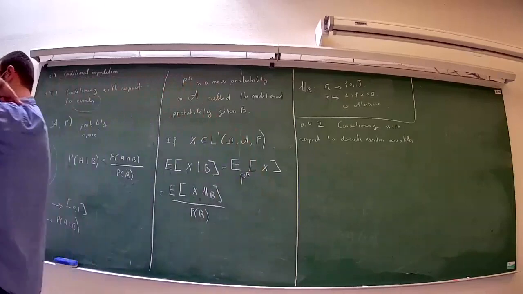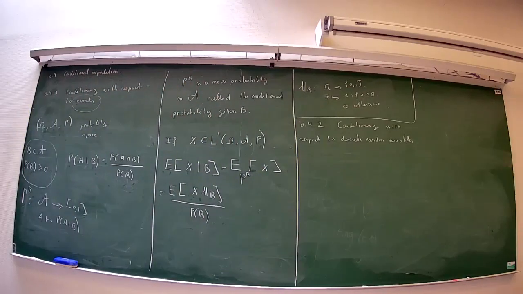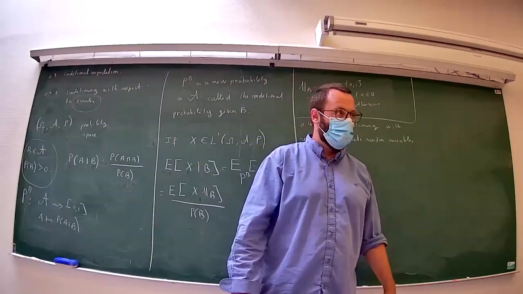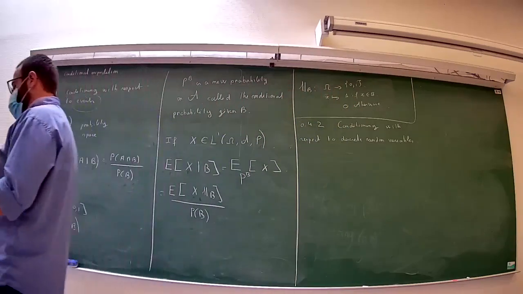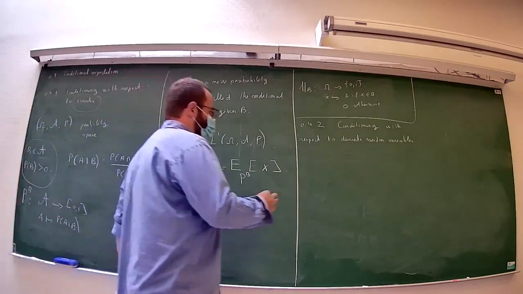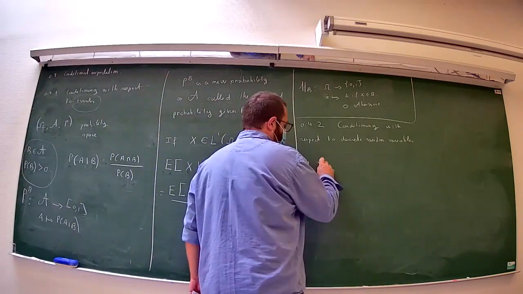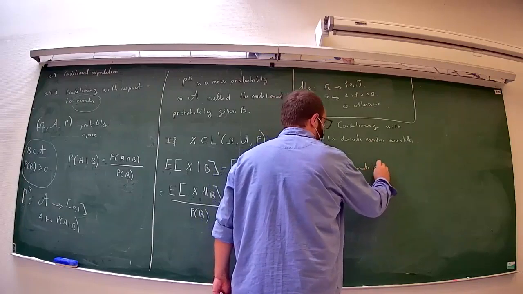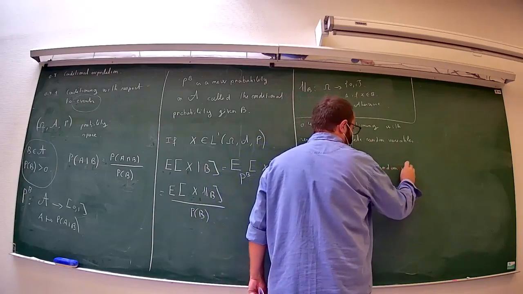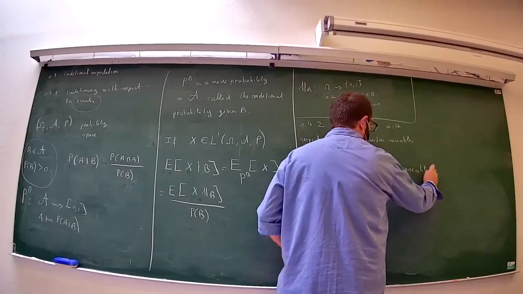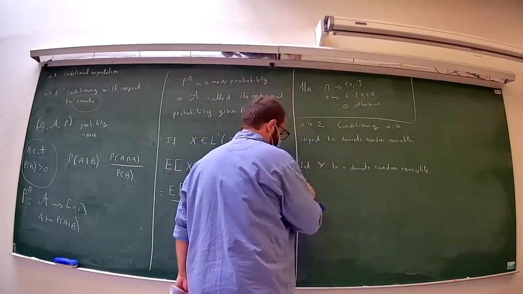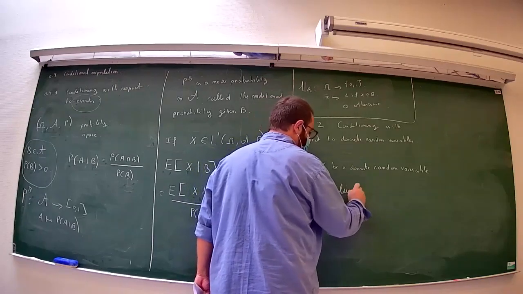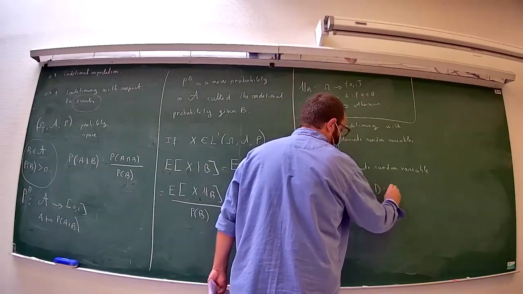So what is the meaning of this one? You know that a discrete random variable is a random variable taking values in a space that is countable. So suppose that you are in this situation: let capital Y be a discrete random variable and denote by capital D the set of the possible values.